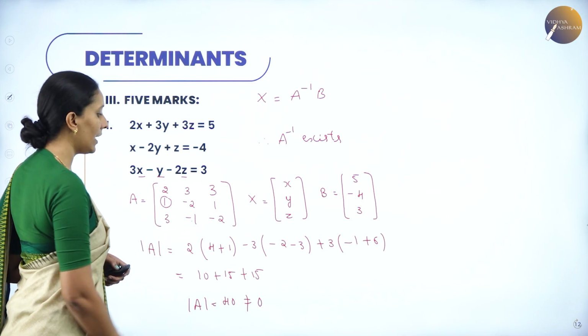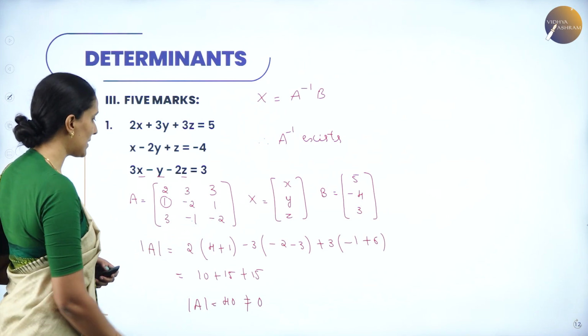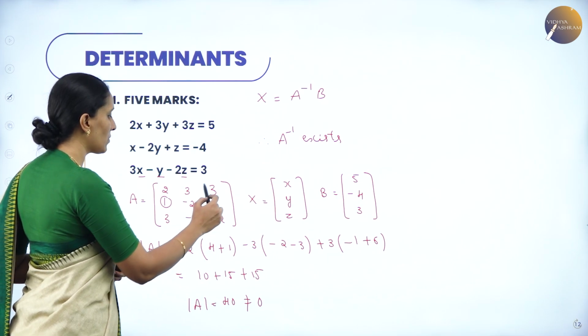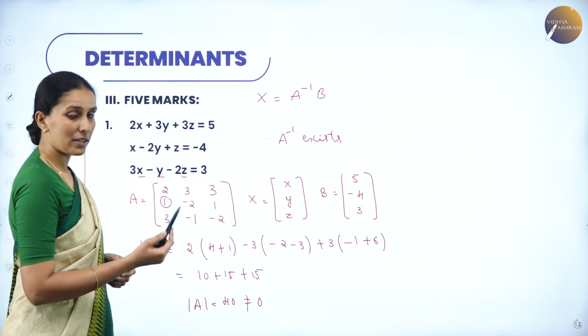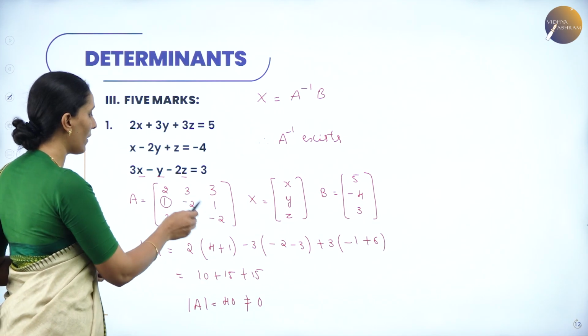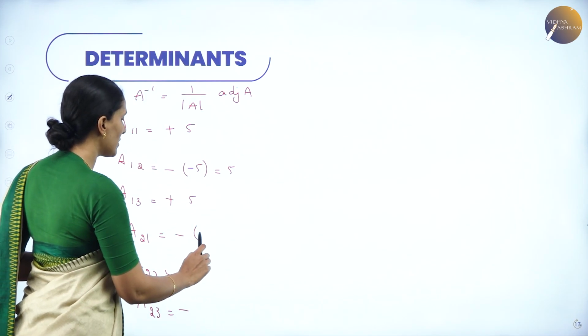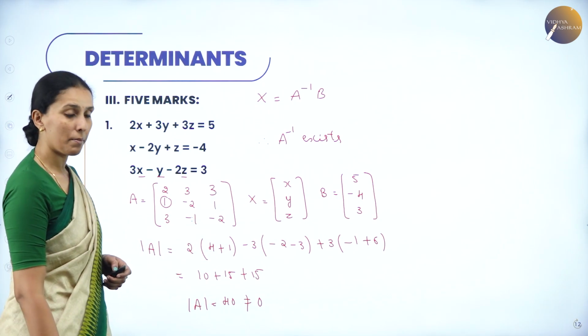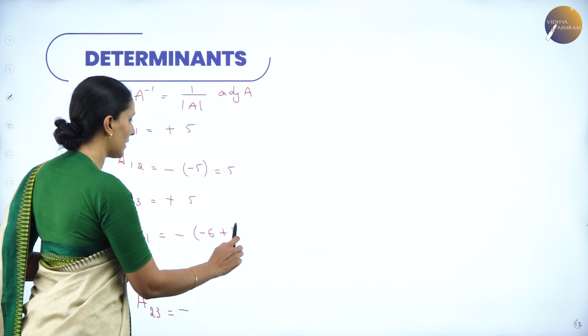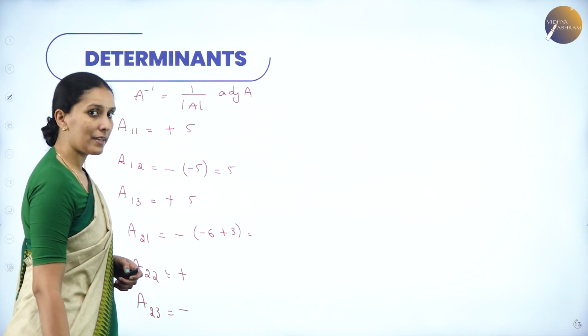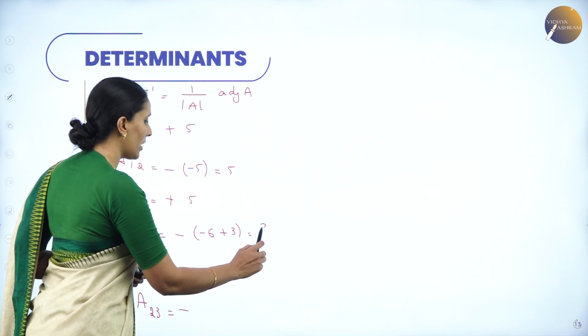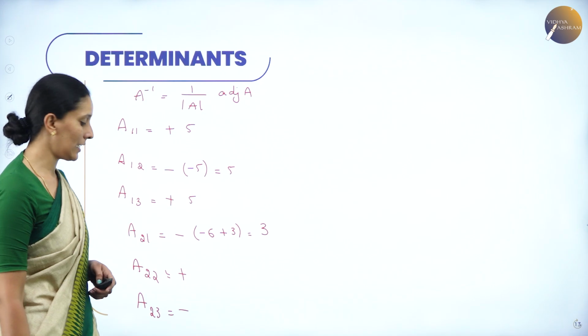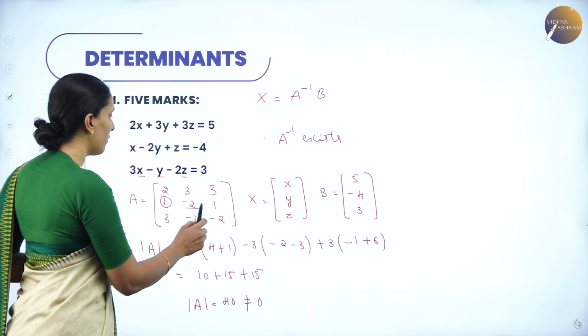That is 3 into -2, -6, plus -1 into 3, which is -3. So -6 plus 3 is -3. Outside we have minus, so minus of minus 3 is 3.